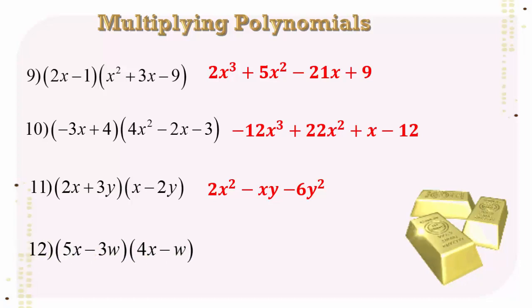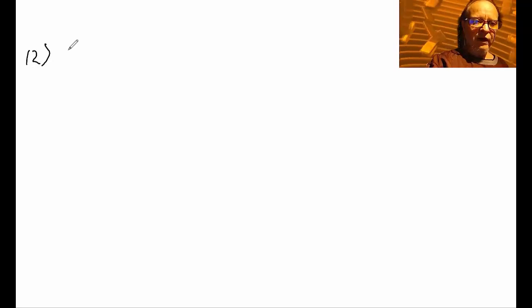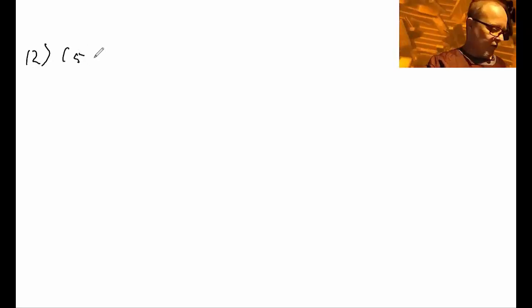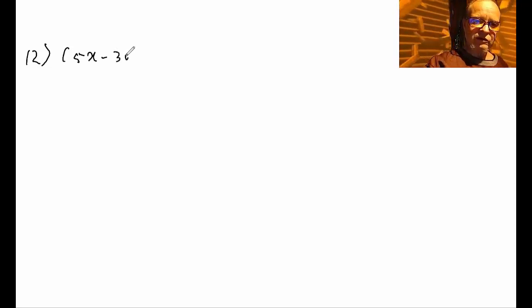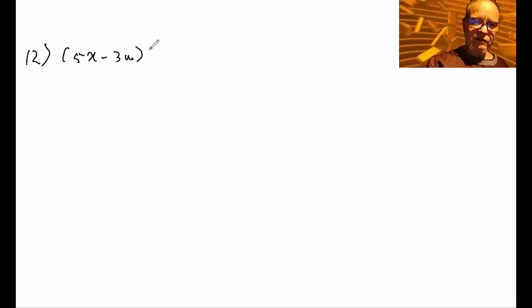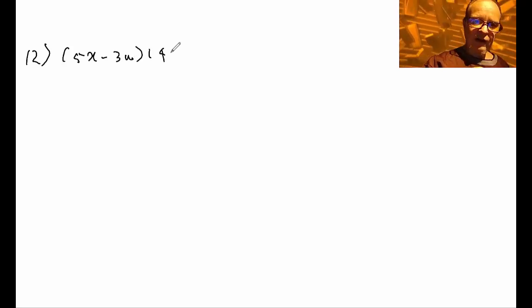In example number 12, again we have two binomials that we're going to multiply, so let's work this out on the whiteboard. In example number 12, we have 5x minus 3w times 4x minus w.